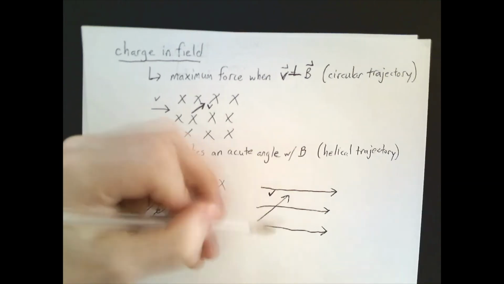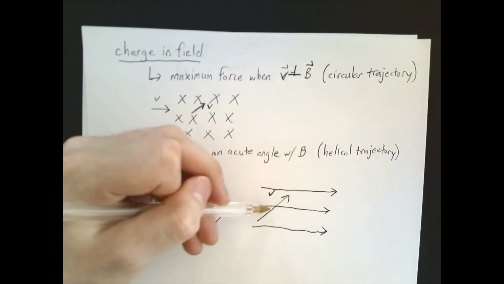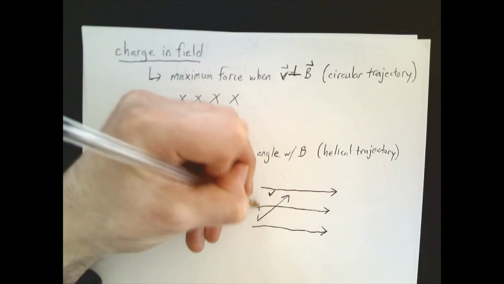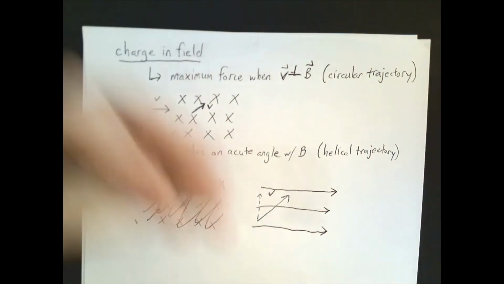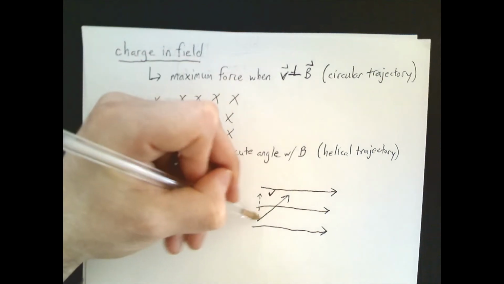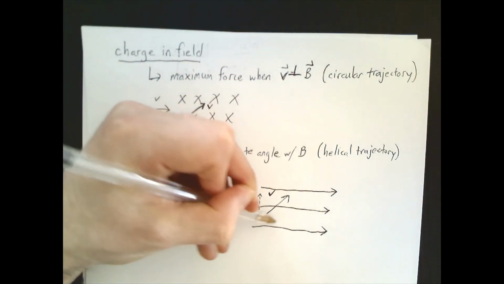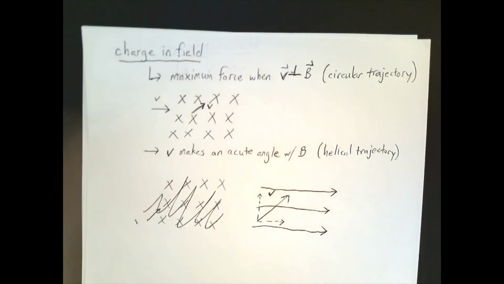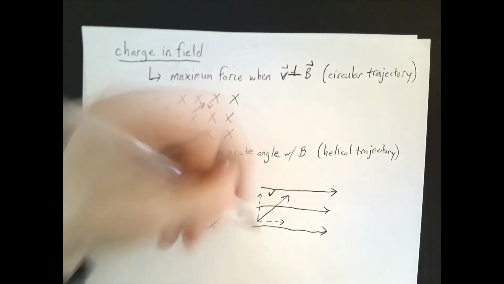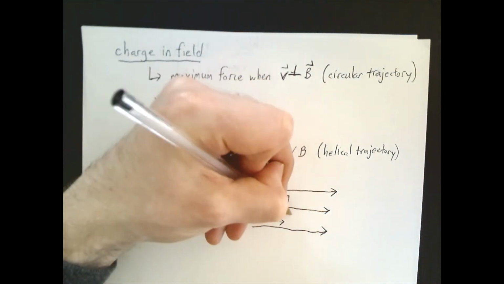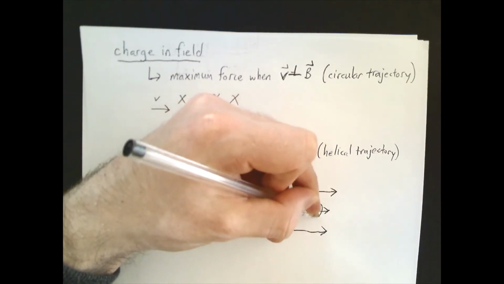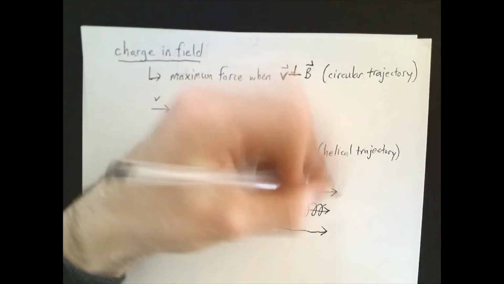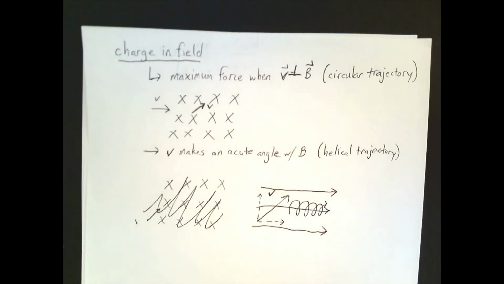So it's going to act on this component to make it go into the page and therefore make a circle in and out of the page. But it's also going to have this component here that the magnetic field is not going to act on at all. So it's going to sort of loop around this field line while still moving to the right. So that's our helical trajectory. It makes like a spiral as it goes around.